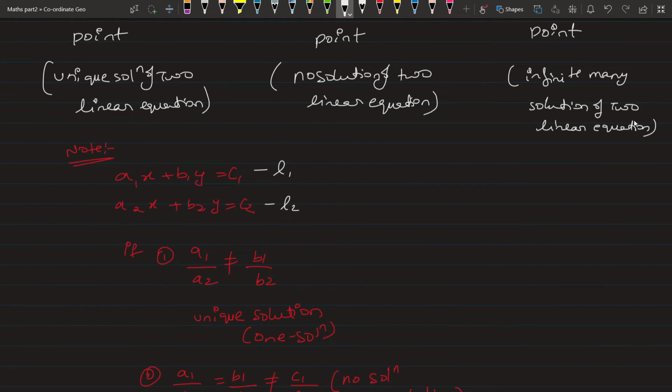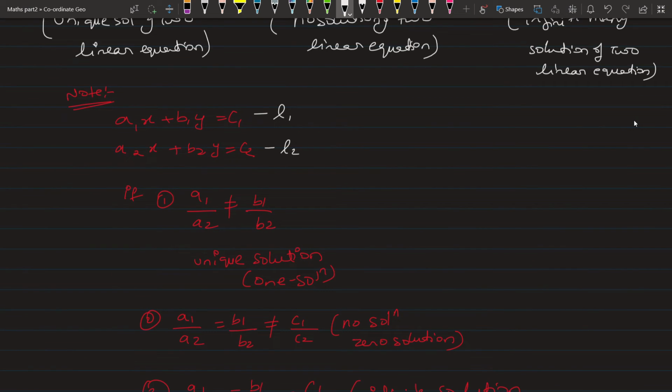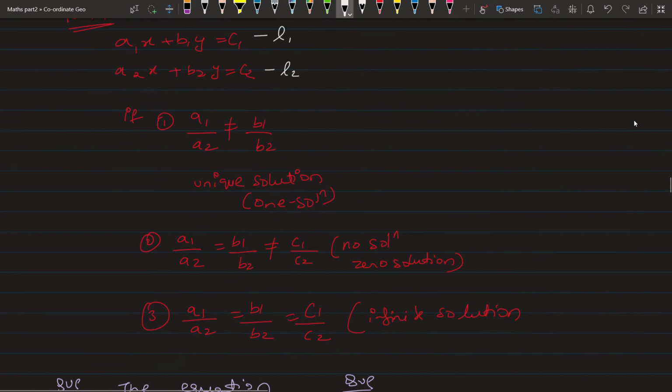The equation of line L1 is A1 x plus B1 y equals C1, and A2 x plus B2 y equals C2. To find if the lines have one intersection point, we take the coefficients of x and y, that is A1 upon A2 is not equal to B1 upon B2. Then it has only one intersection point, a unique intersection point.